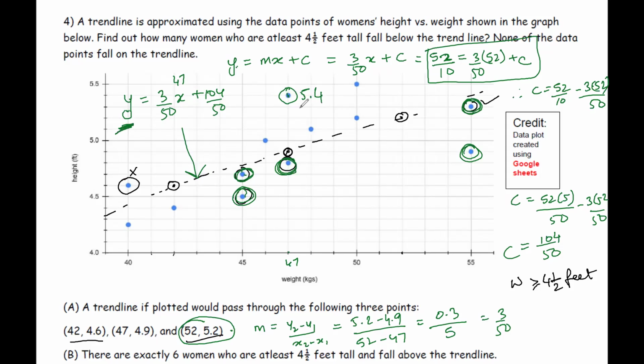If this value is lesser than 5.4, then we know that this point is above the trend line. If this value was greater than the y value out here, then we know that this point would be below the trend line. Like for example, if you take this one out here, this is 42 and y value is 4.4. When we plug in 42 out here and we get a y value which is greater than 4.4, then we know that this point is below the trend line.